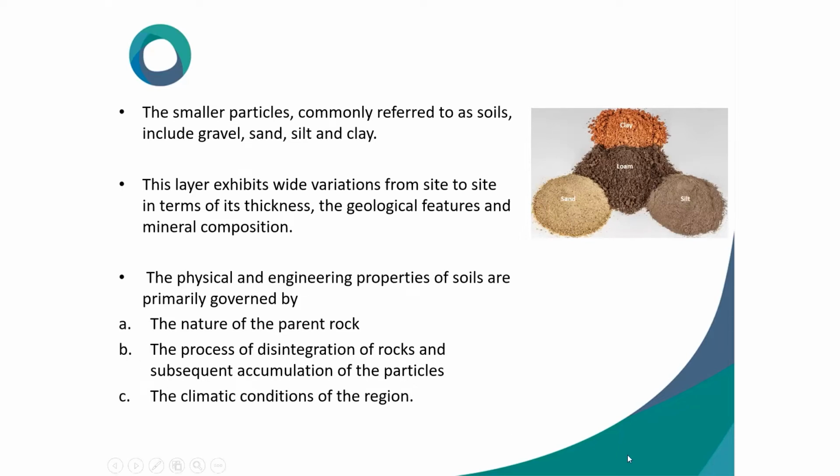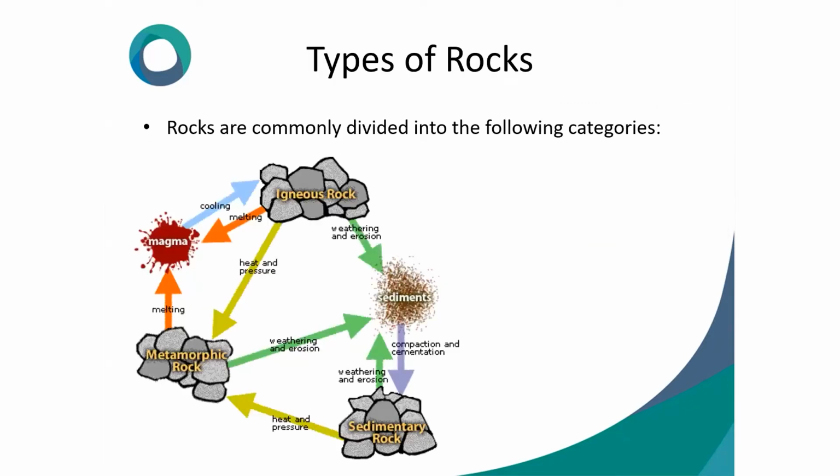Then the physical and engineering properties of soils are primarily governed by the nature of the parent rock, the process of disintegration of rock and subsequent accumulation of the particles, and the climatic condition of the region.